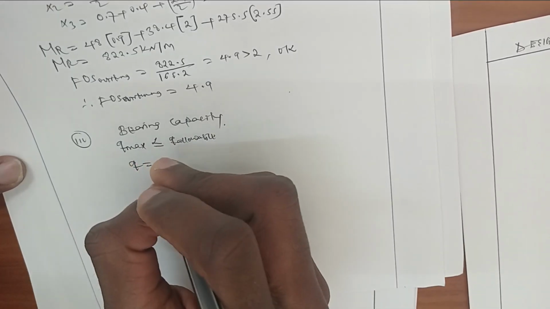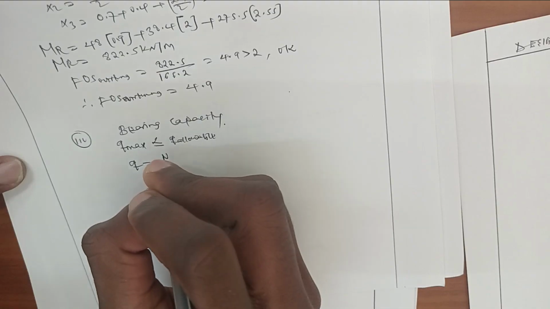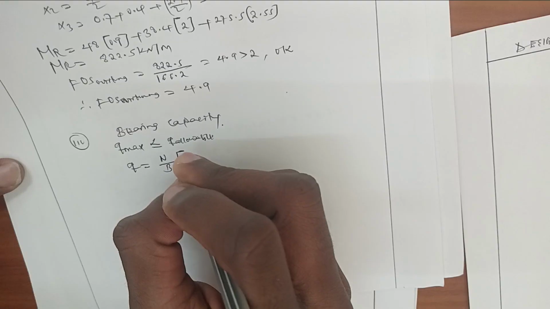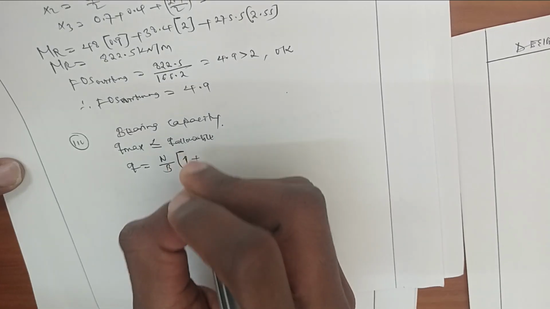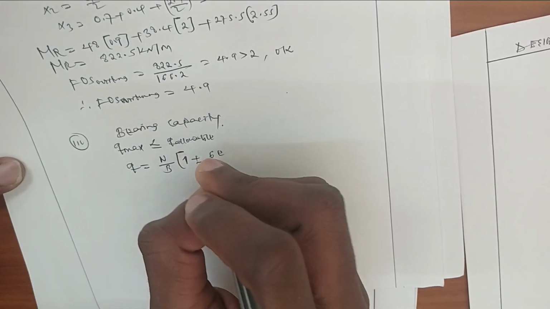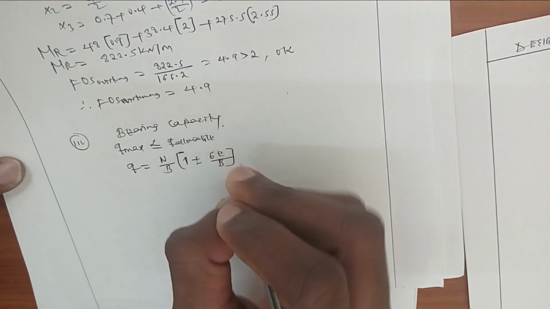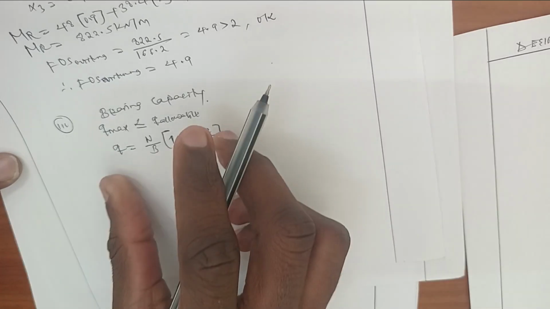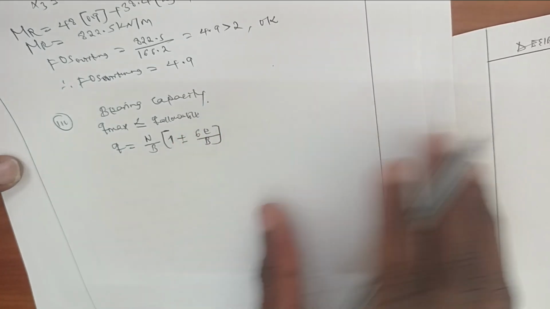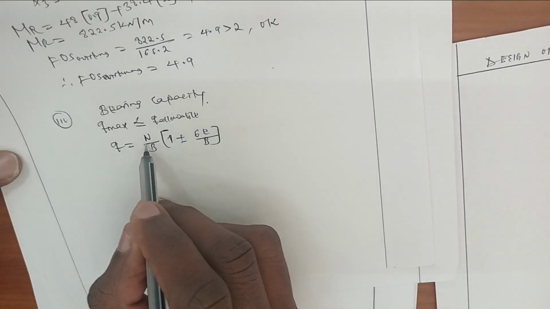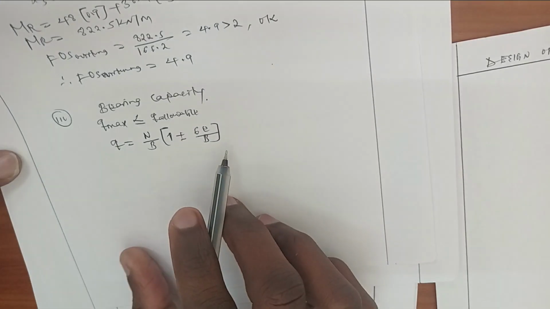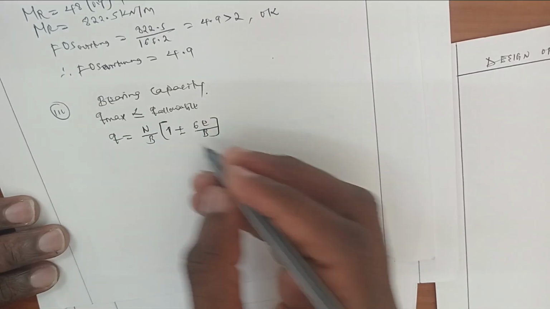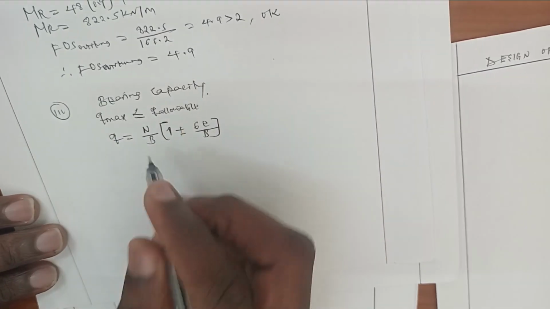Maximum pressure is obtained by taking resultant force over base of the retaining wall, in brackets 1 plus or minus 6 times eccentricity divided by base. This formula is applicable if the resultant force lies within the middle third. Now, how can you determine the value of eccentricity?